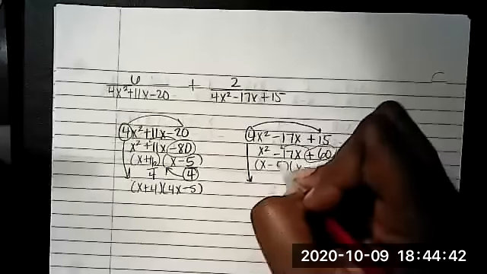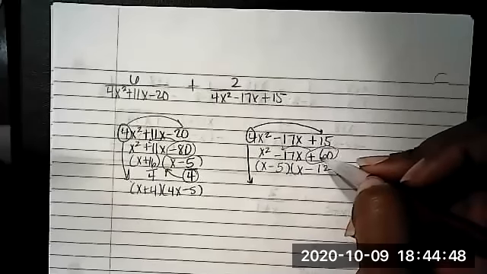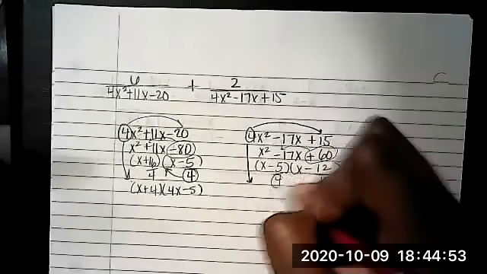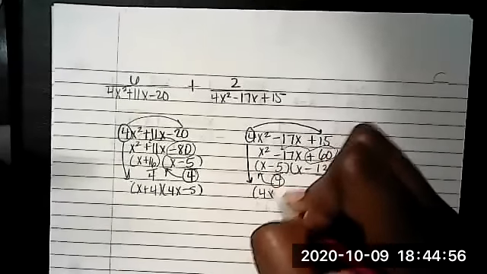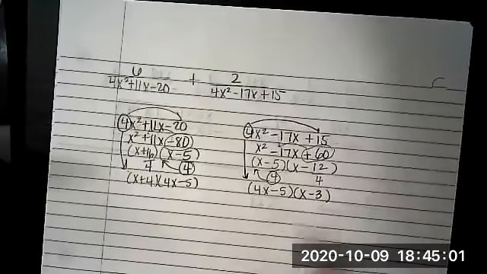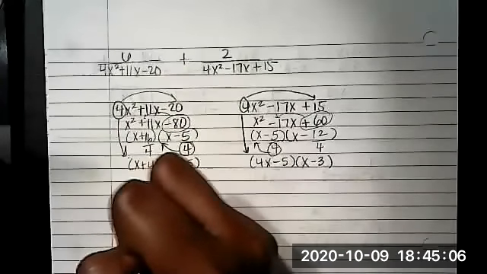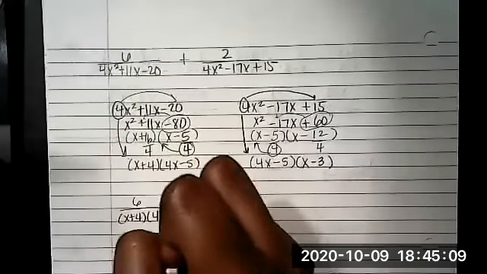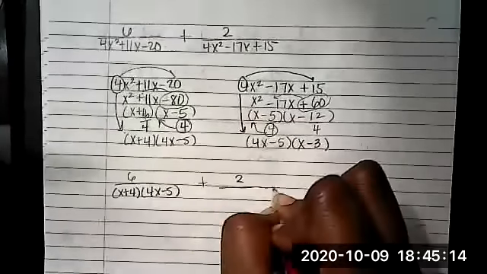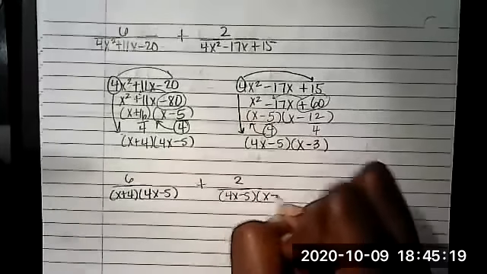They're both going to be negative. So this is good. Don't forget to divide by that number. So this will be 4x minus 5, and this right here is x minus 3. So we have the two factors that go here. So this now becomes 6 over x plus 4, 4x minus 5, and then plus 2 over 4x minus 5 and x minus 3.